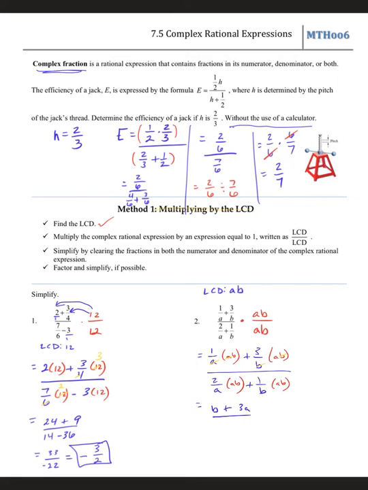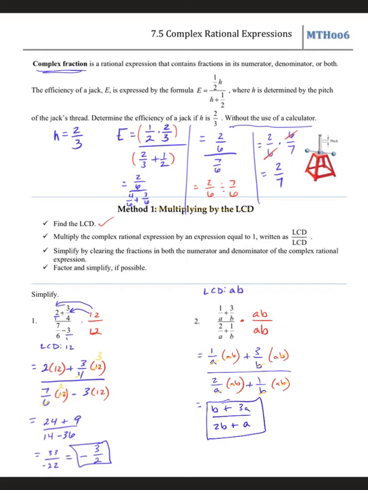In the denominator, the A's will cancel, so we're left with 2B plus, and then in the second one here, the B will cancel, and we're left with 1 times A is just an A. Now when we look at this, we see B plus 3A. We can't add those two together. And 2B plus A, we can't add that together. So this would just be our final answer here.